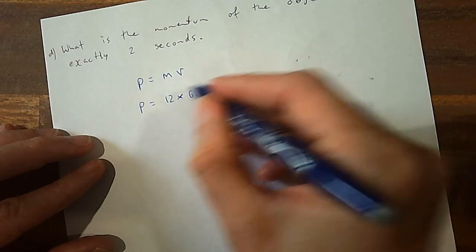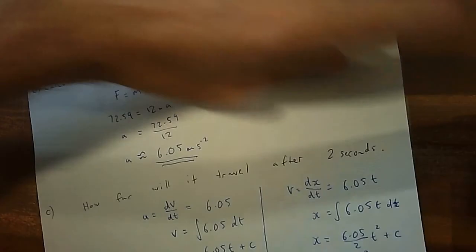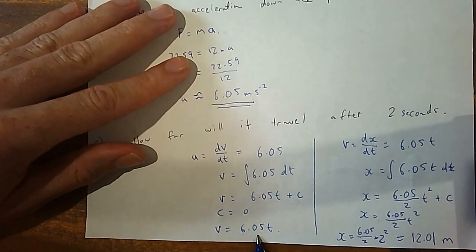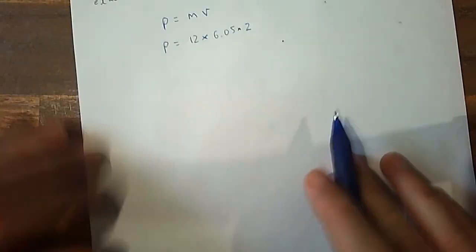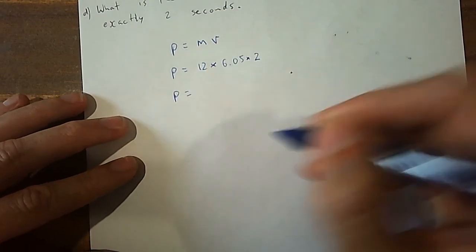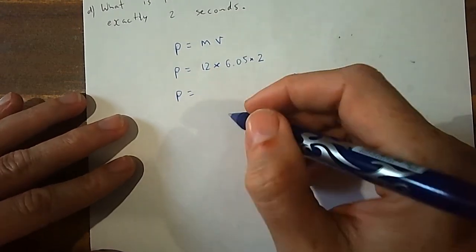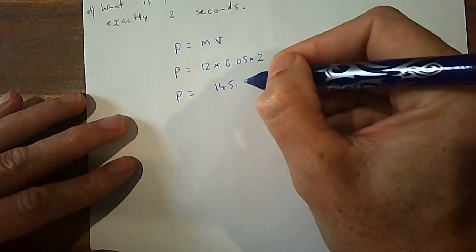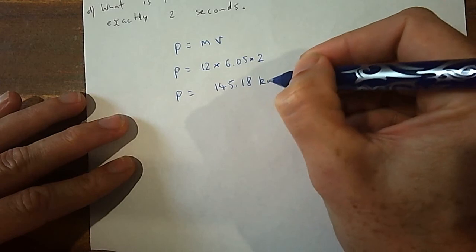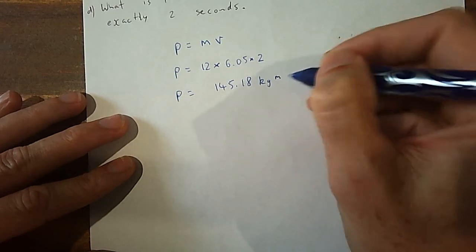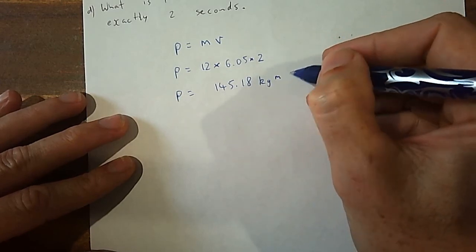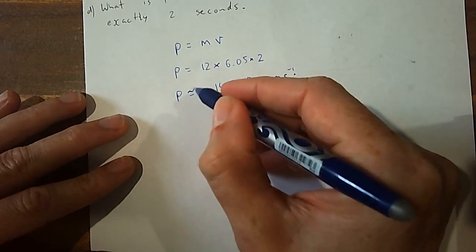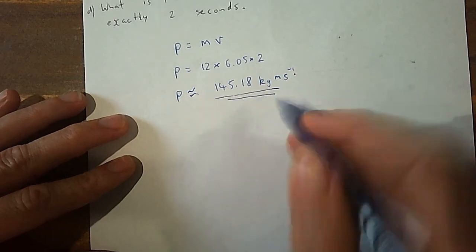I'm just using my equation for velocity, 6.05 times t. Then we end up with our momentum being equal to 145.18 kilogram meters per second. Okay, thanks guys.